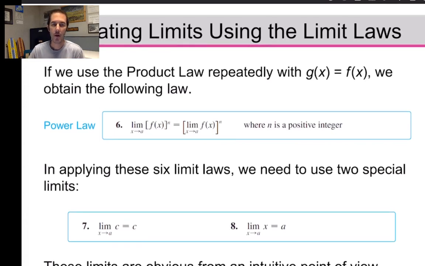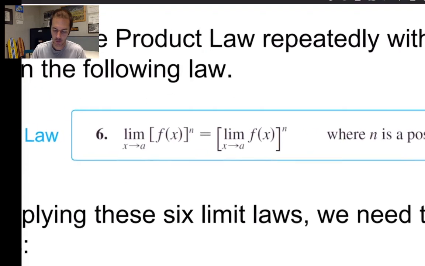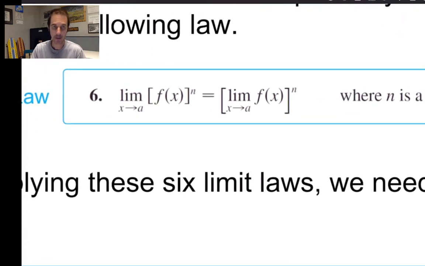The product law said that we could distribute the limit to f times g, was how we saw it originally presented. Realize that when you're taking a function and you're raising it to a power, instead of f times g, this is f times f.